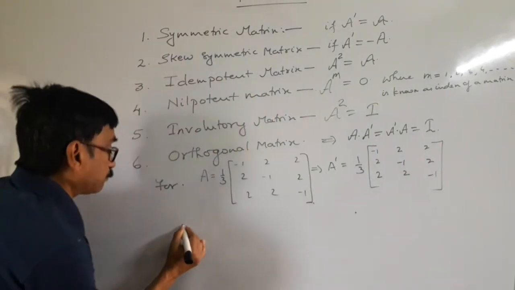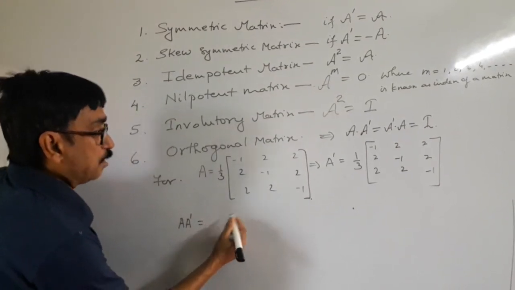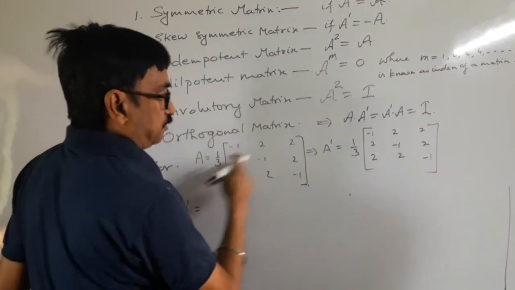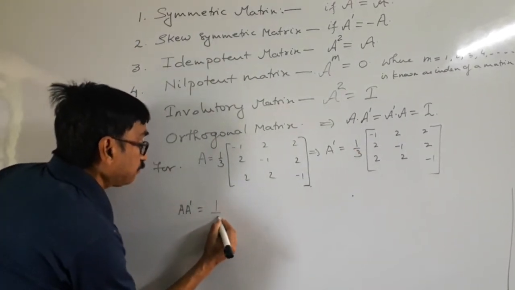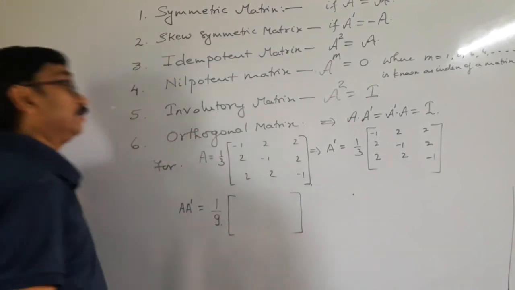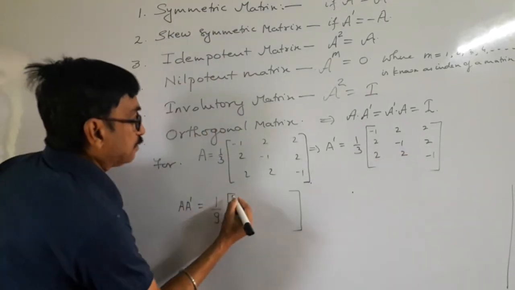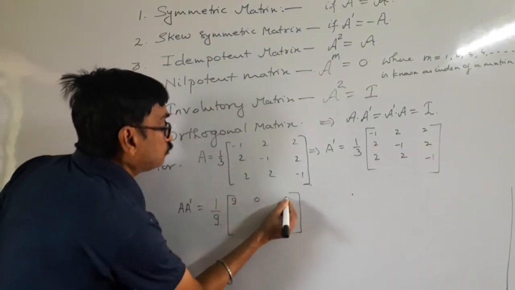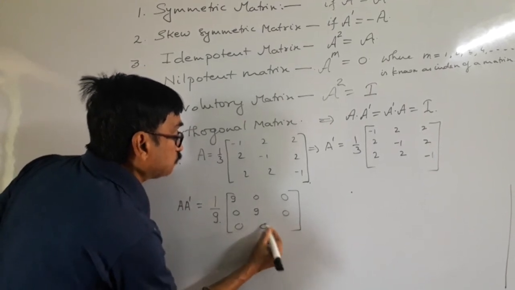Now we calculate the product. A dash is equal to 1 by 3, A का हो गया, A dash भी 1 by 3 का हो गया. प्रोडक्ट निकाल रहे हैं, इसका मतलब 1 by 3 to 1 by 3 क्या हो गया, 1 by 9. अब हम इसका रो और कॉलम्स का प्रोडक्ट्स निकालते हैं तो हमें क्या मिलेगा, यहाँ पे 9 0 0 0 9 0 0 0 9.